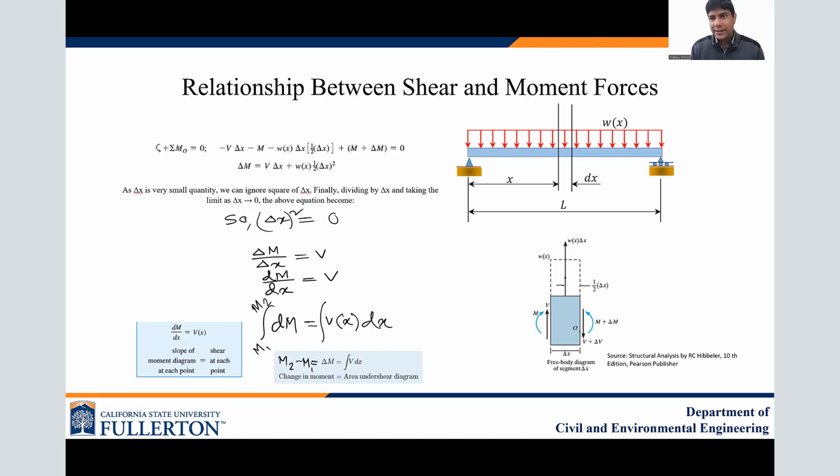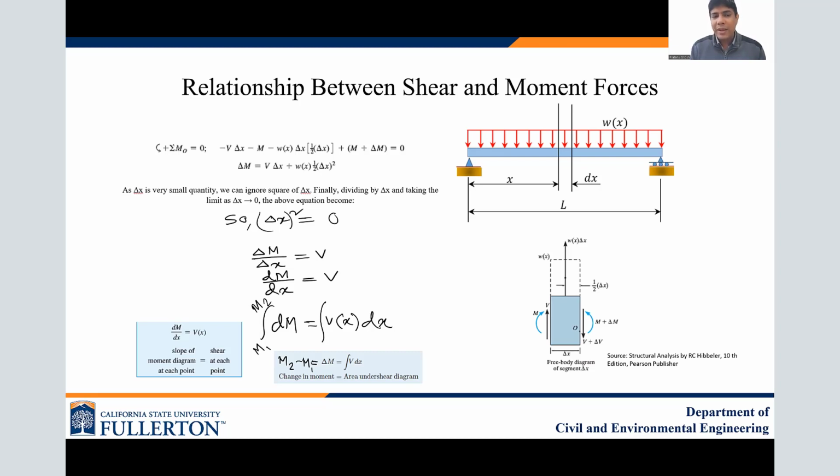It is not exactly 0, but almost. So for simplicity, if we assume delta x squared is 0, the second quantity, W times half delta x squared, is going to be 0, the whole part. The only thing remaining is delta M equal to V times delta x.